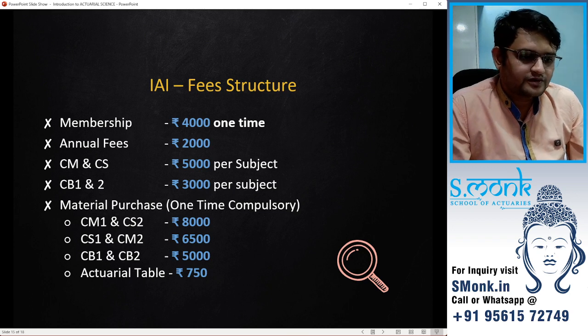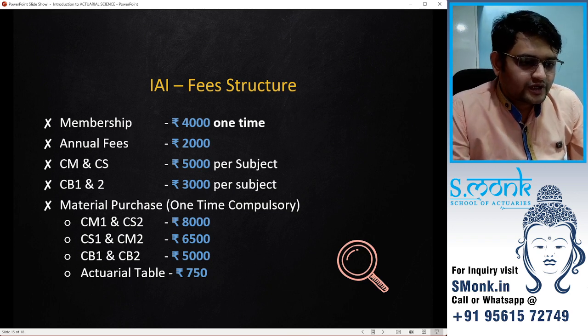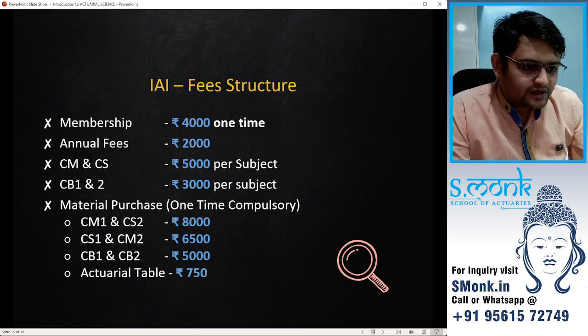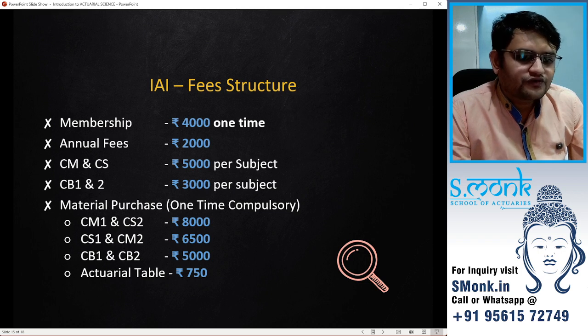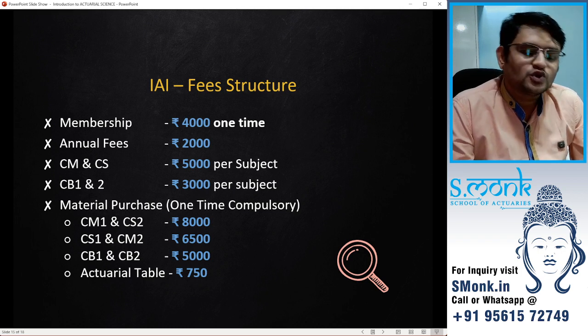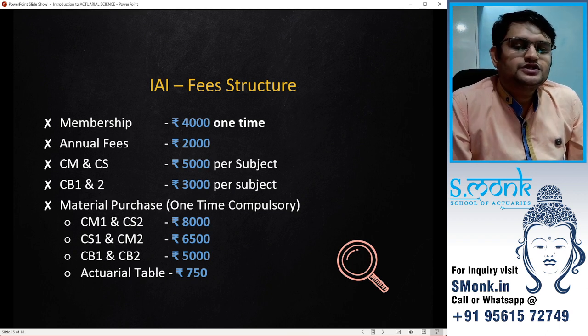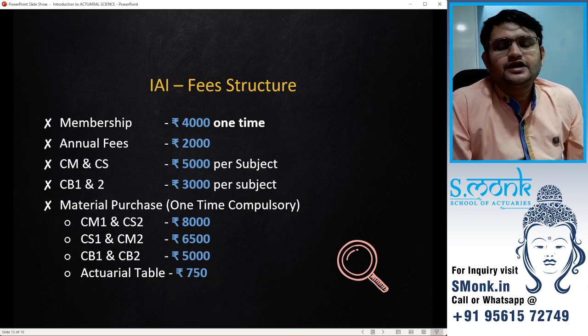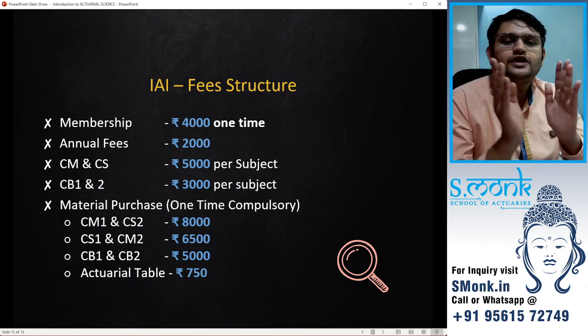Okay, sir. Thank you. So, Greg, you are asking for IAI, if we enroll for a subject, then study material needs to be purchased. Do we need to order the study material again for the second attempt in case we do not pass in the first attempt? No. So see, what happens is these study materials you will get, you don't get physical copies.